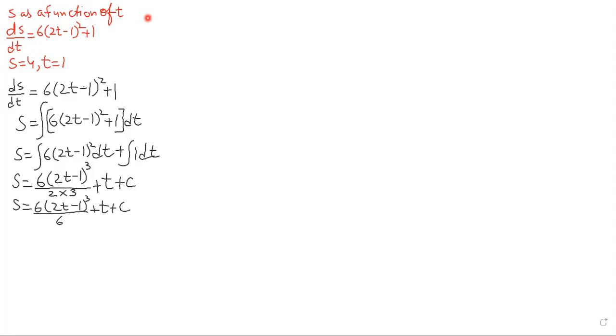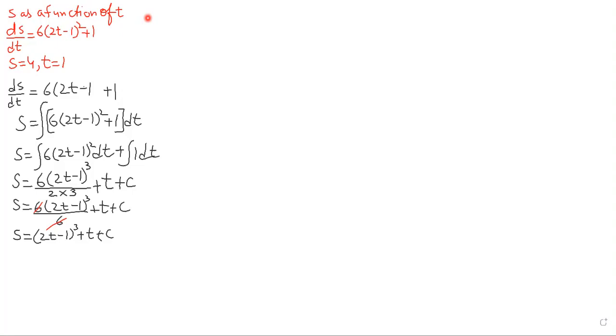After that, this 6 and this 6 will get cancelled, and in the simplified form I will have S equals (2t minus 1) whole cube plus t plus c. This is my working till this point. I think everything is clear over here, no confusion.